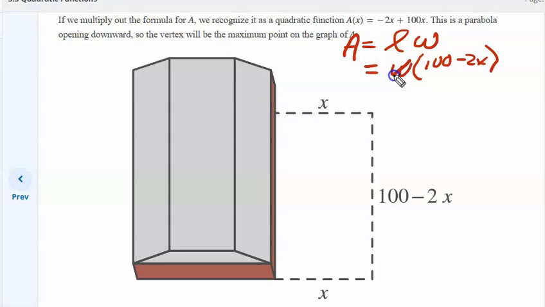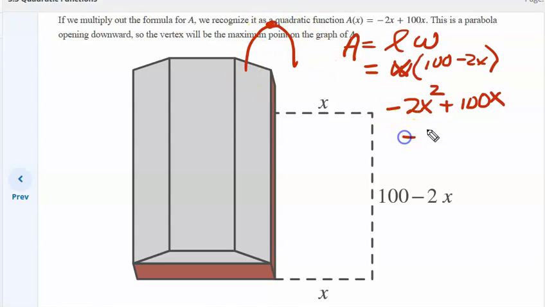Well, we could use an x here. So if we put this in standard form, put a -2x squared, and then plus 100x, we have the start of a quadratic expression, which has no c value. But we want to find the vertex. We want to find the maximum. This parabola is going to open downward here.